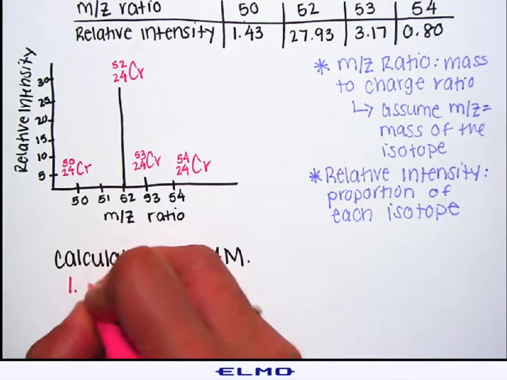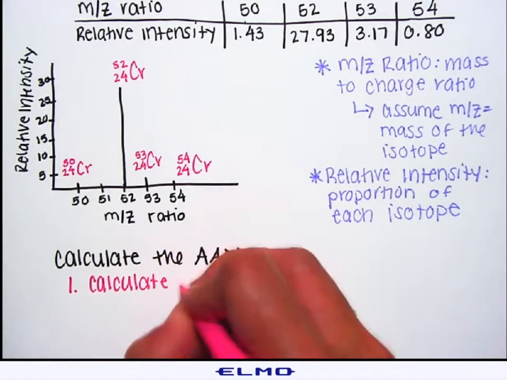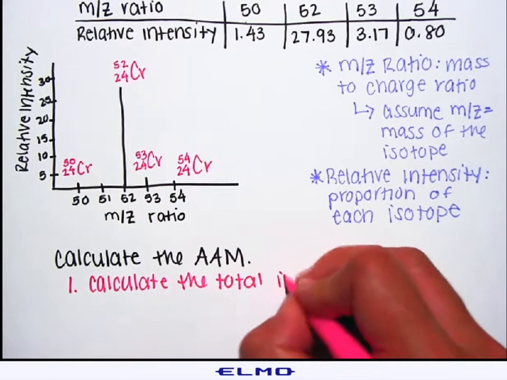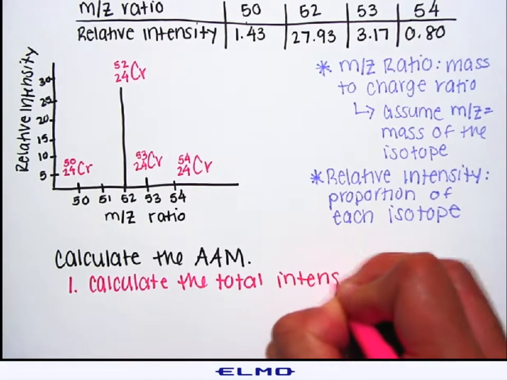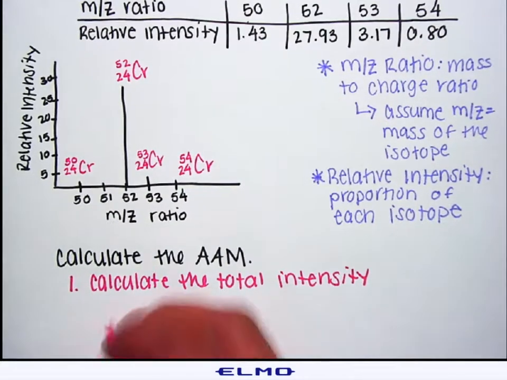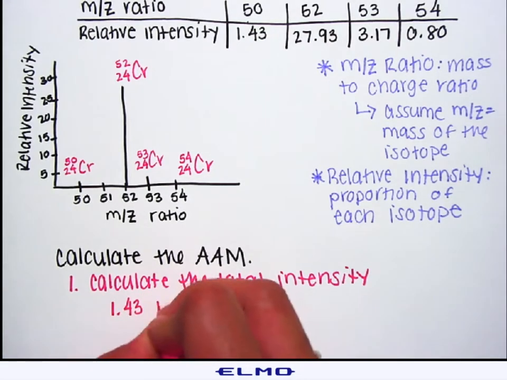So step one, the first thing we have to do is calculate the total intensity. And we're going to do that by adding up all of the relative intensities.